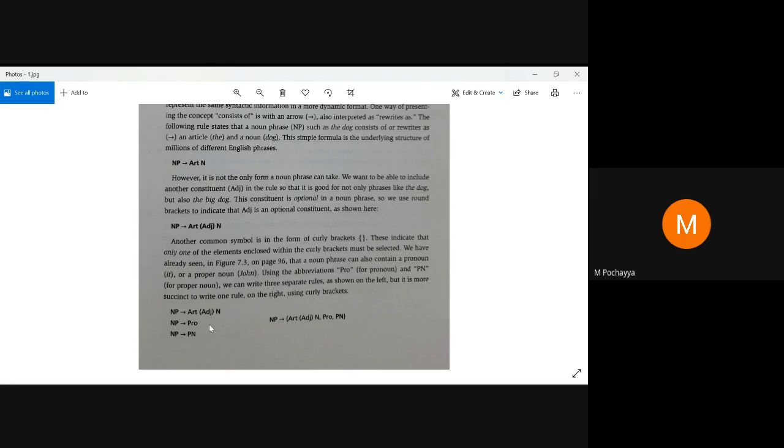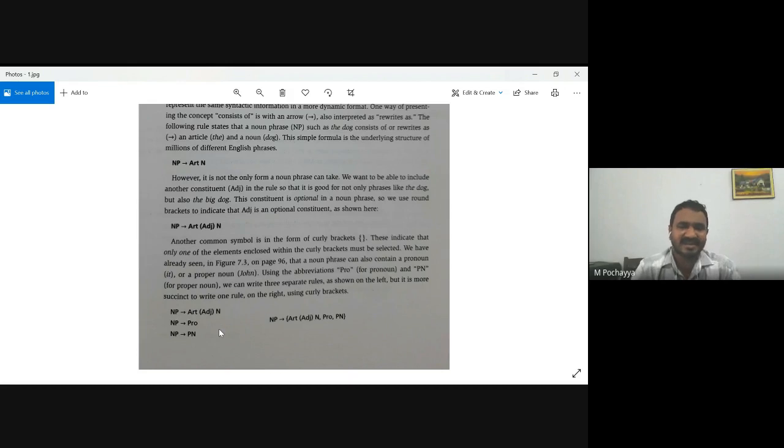Okay, and another rule is article, adjective, and a noun. This combination may be article, adjective, and a noun. This may be a noun phrase. And furthermore, by considering more ideas, they generalize it into one formula.